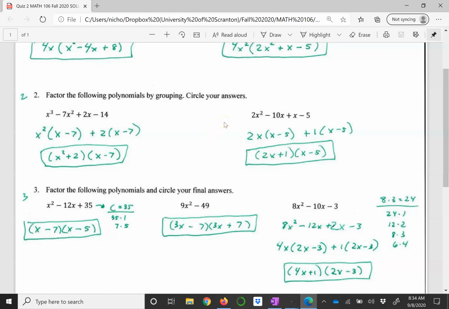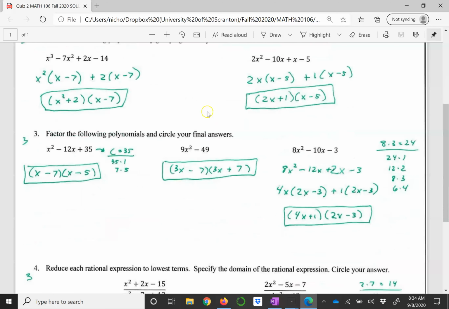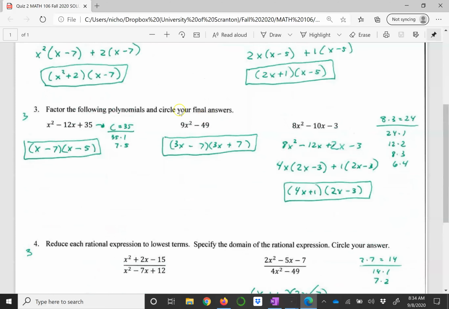Now, factor by grouping is important because we use that in other factor problems. So like in number 3, factor the following polynomials, right? Two of them are trinomials, the first and third one. The first one is one of those easy ones because the coefficient in front of x squared is 1. So these first 2 terms in the 2 binomials, this is sort of reverse FOIL, right? We're trying to get to the state prior to actually FOILing out 2 binomials, are x and x.